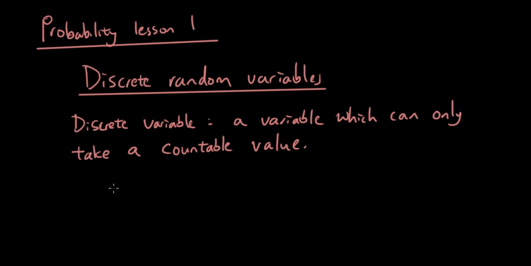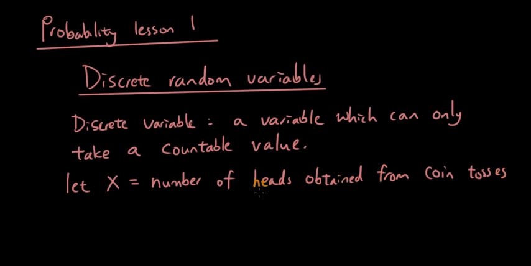So for example, we can let x equal the number of heads obtained from coin tosses. So you keep repeatedly tossing a coin, and you write down how many heads you have obtained. Then x is what we call a discrete variable.